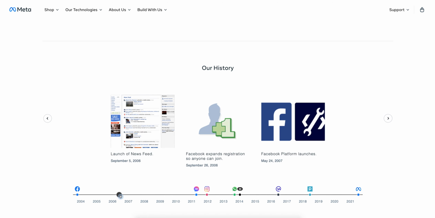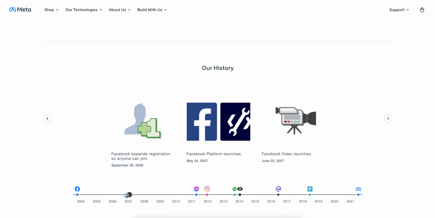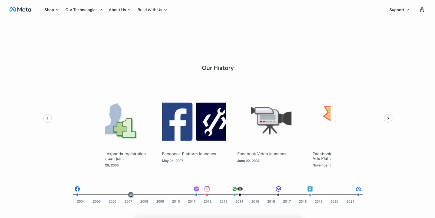The news feed that we all use wasn't launched until 2006, two years after that. And it wasn't until 2006, two years after it was launched, that it opened up to anybody. Before 2006, you had to have a college email address.